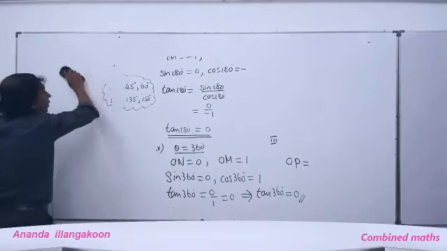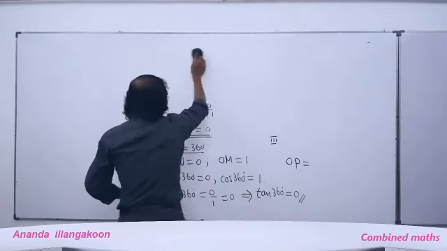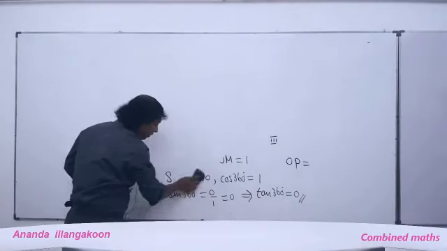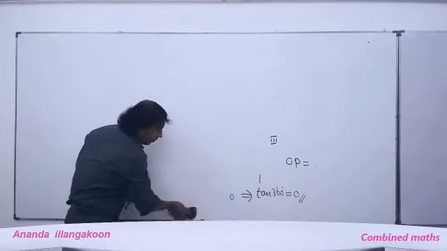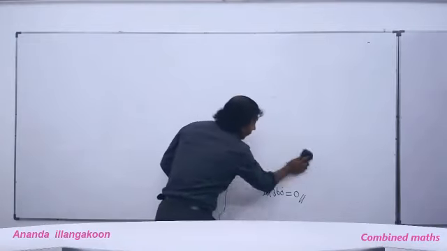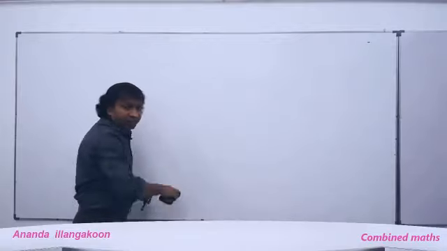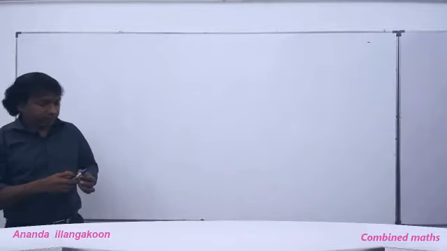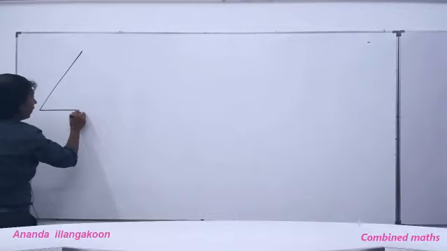Right. People, now I am going to consider an equilateral triangle. Equilateral triangle means, people, you know, all three sides are equal. This way, I'm going to consider an equilateral triangle like this.